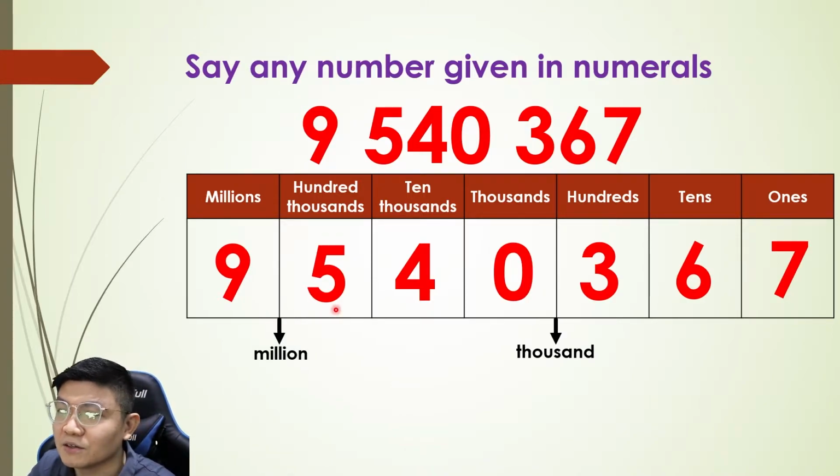All right. Now you try to say it again. Now you look at million here. Before that, there is a digit 9. You should be saying 9 million. And before 1,000, you see 540. And of course, this is 500. So 540,367.